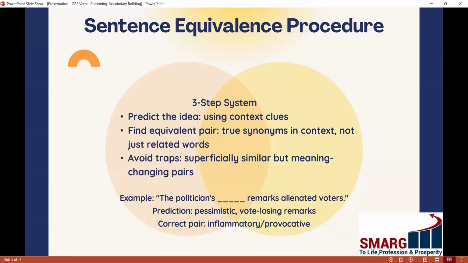So do not be impulsive when you're making your answer choice. Okay, go through all of it, see what is essentially keeping the essence intact. The words that help you keep the meaning intact, choose those words. So do not go for the structure in this particular one, in sentence equivalence.